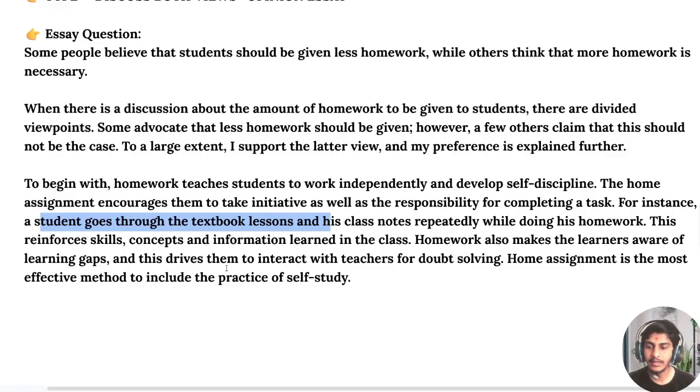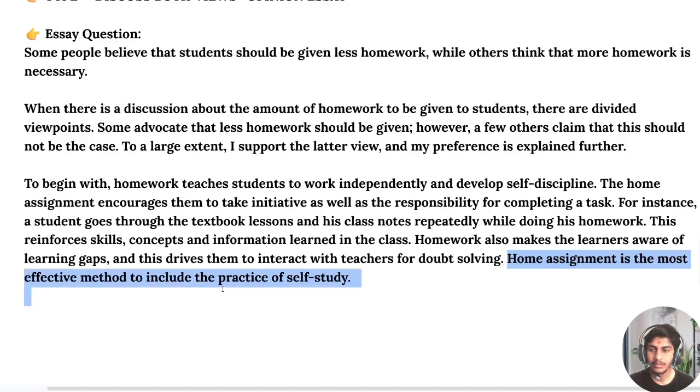Our final line is: home assignment is the most effective method to include the practice of self-study. This sentence concludes the paragraph properly. Now body paragraph 1 is over, and then we move to body paragraph 2.